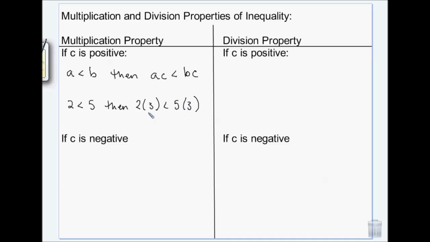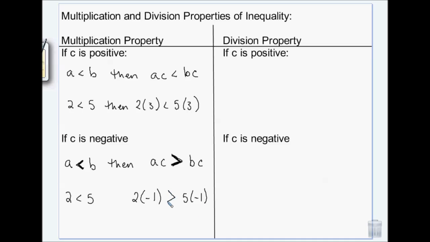Now where it changes up is if C is negative. If C is negative and you multiply both sides by a negative, you have to flip the inequality. And the reason this happens is because if I say 2 is less than 5, and then I multiply 2 times a negative 1 and 5 times a negative 1, this is negative 2 and negative 5.